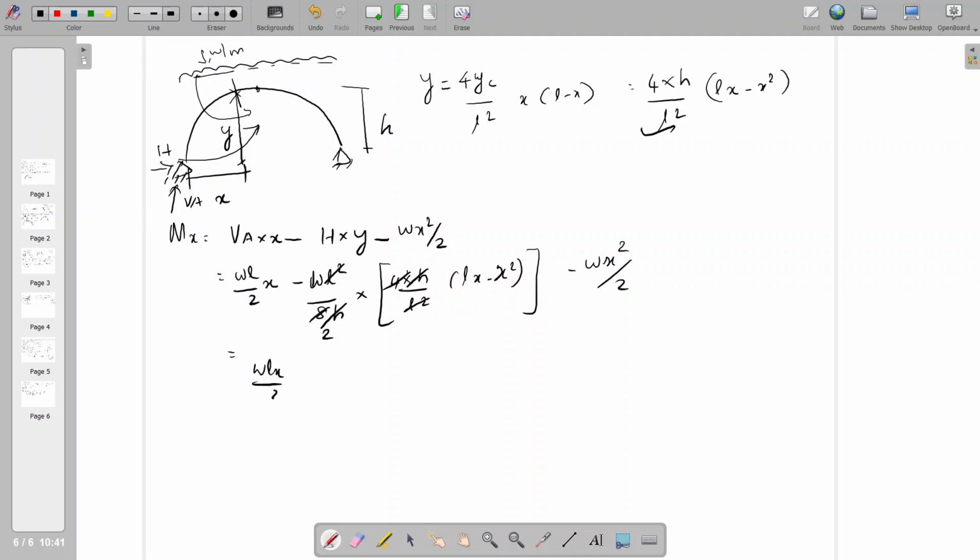So WLx by 2 minus W by 2 into Lx minus x square, minus Wx square by 2. Then WLx by 2 minus WLx by 2 plus Wx square by 2 minus Wx square by 2. All terms get cancelled, which is equal to 0. Hence, it is proven that the bending moment is 0 at any point of a parabolic arch subjected to a UDL throughout the span. So with this understanding, we can continue with more problems in this topic. Thank you.